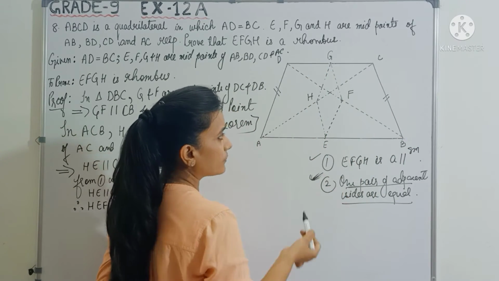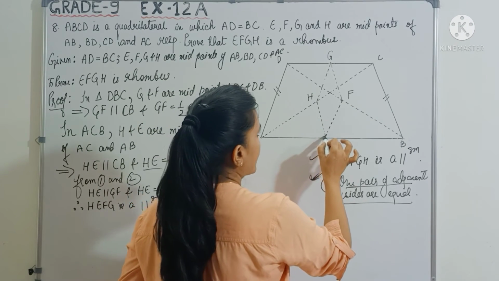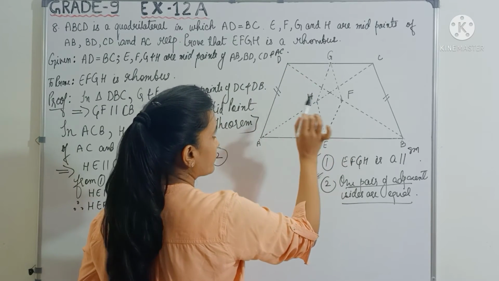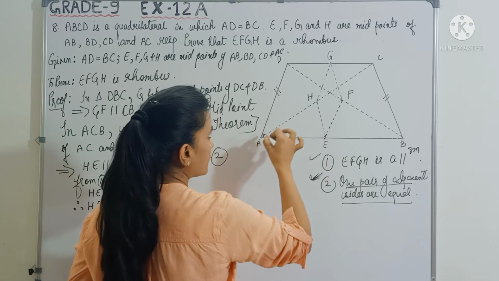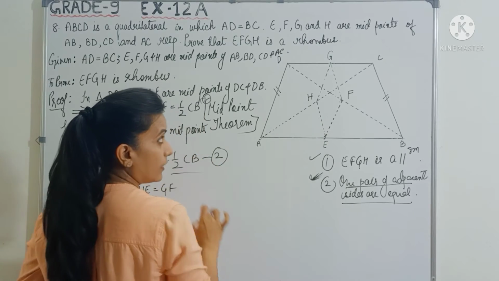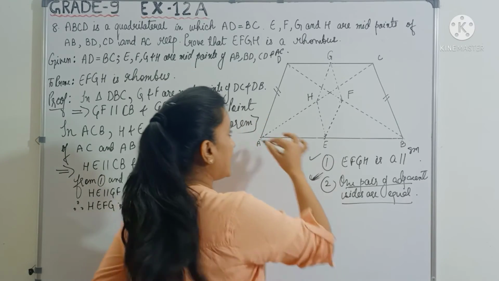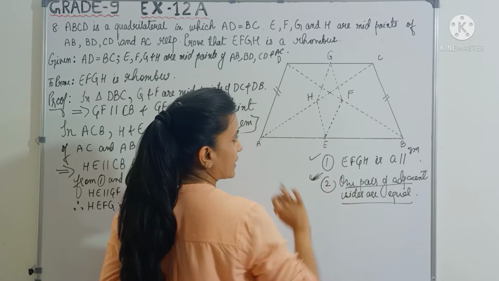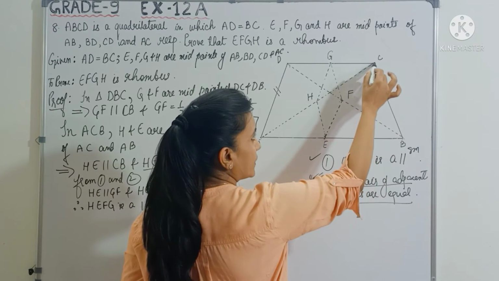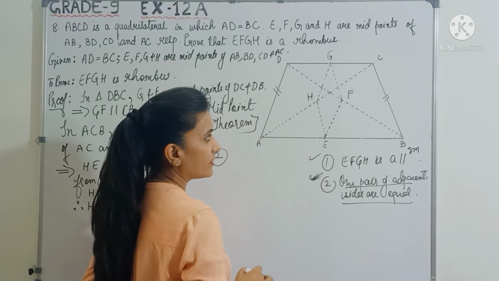So, again from the midpoint theorem, you can say that EF is parallel to AD and EF is equal to half of AD, right? Now, AD is equal to BC, correct? So, can I say that EF is equal to half of BC? Can I say that?